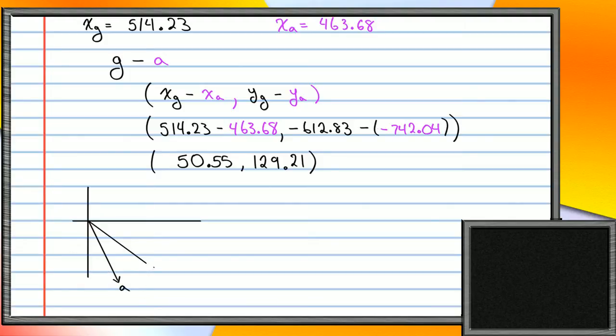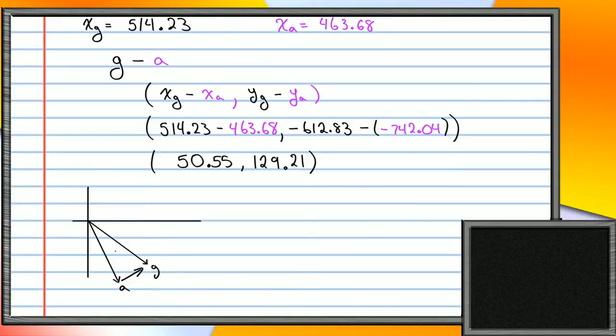This is our airspeed, and this one's our ground speed. And the wind is going this direction, so it's pushing us up. So the last thing, let me see, find the direction and speed of the wind.